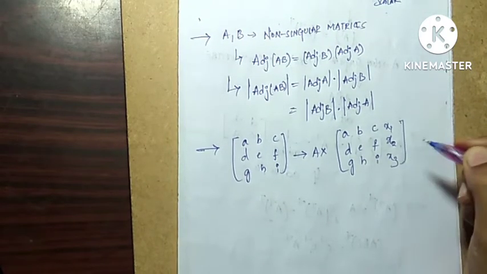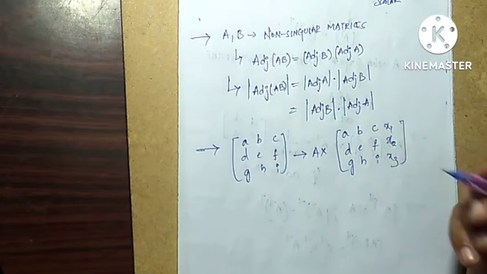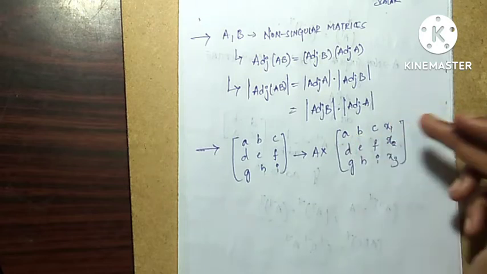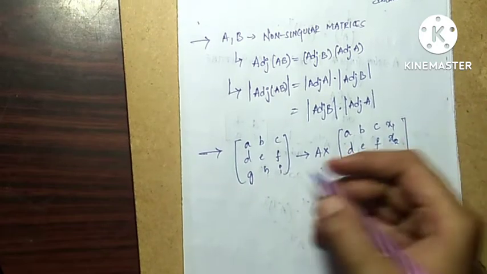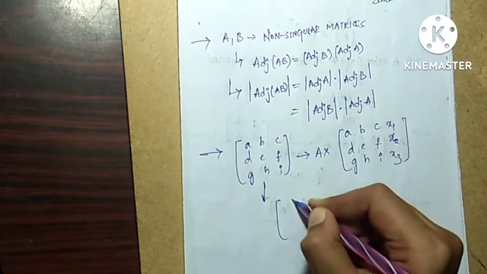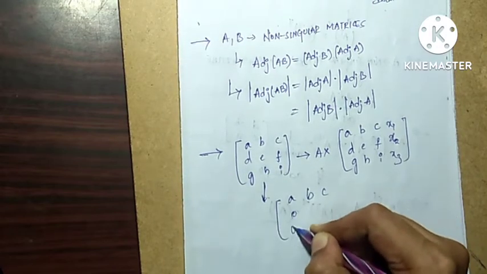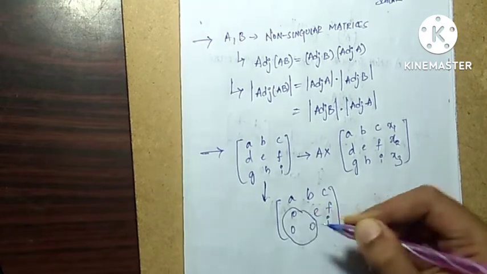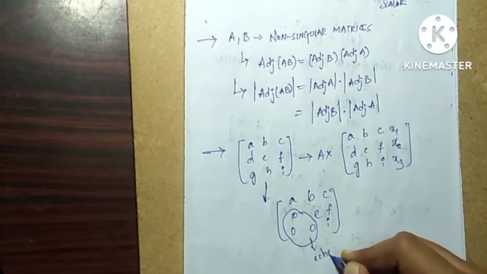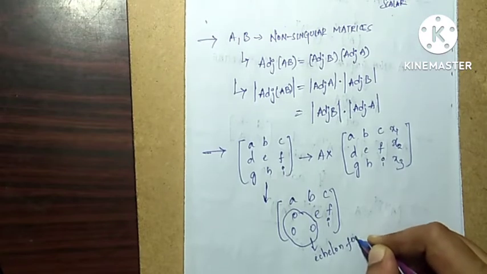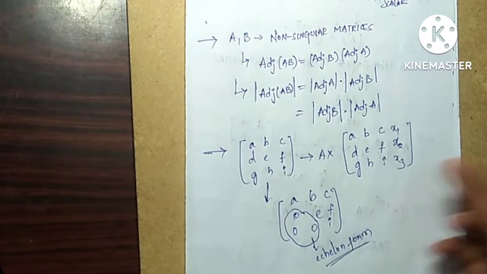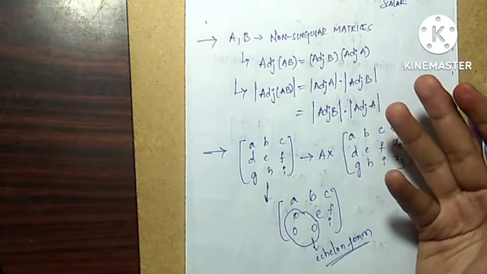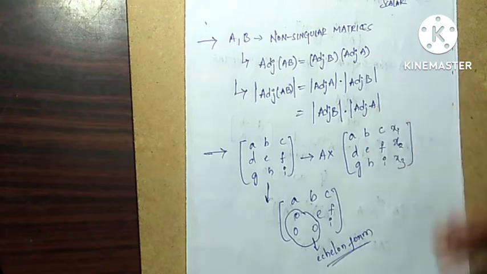Then we can find the rank in a very easy way. You have to convert it into A, B, C, 0, 0, 0, E, F, I. Here there should be zeros, then it is called echelon form.